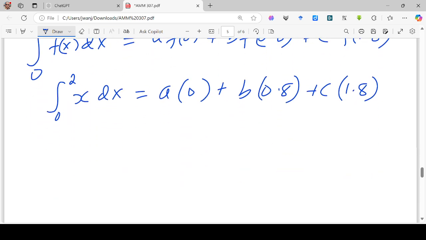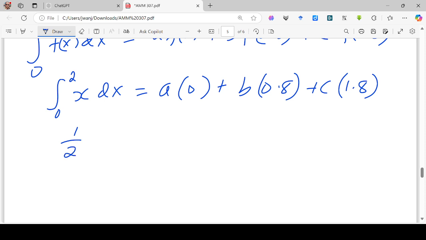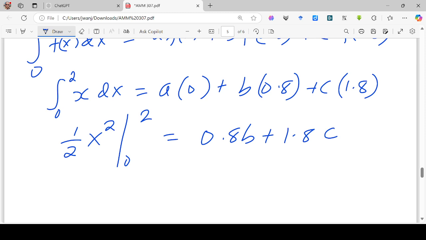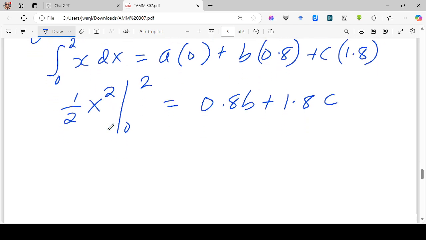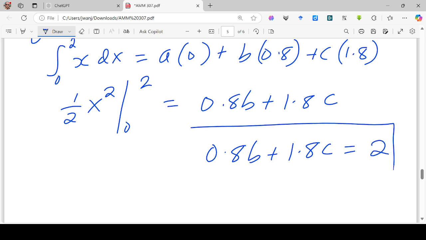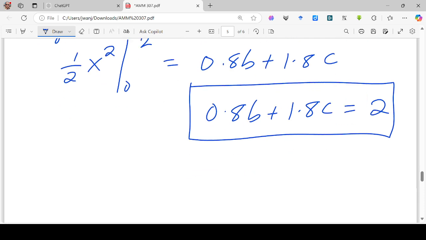Working out this integral, we get a half x squared from 0 to 2 equals 0.8b plus 1.8c, so this is a half multiplying 4 minus 0, which is 2. So we get the equation 0.8b plus 1.8c equals 2. That is the second equation.